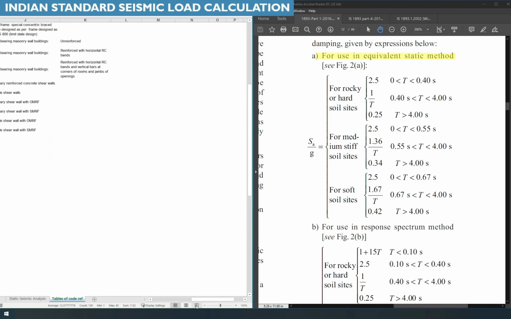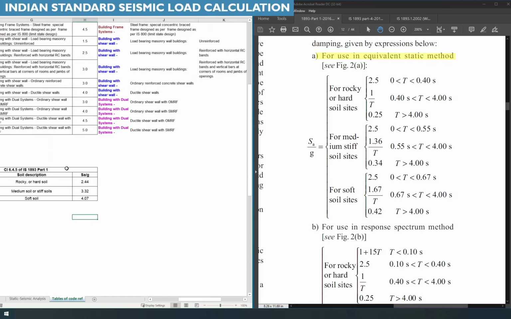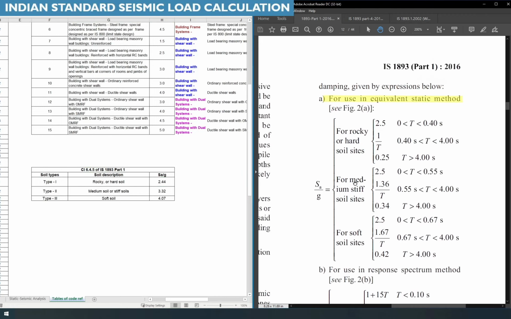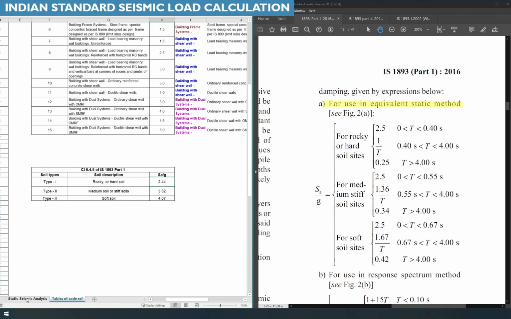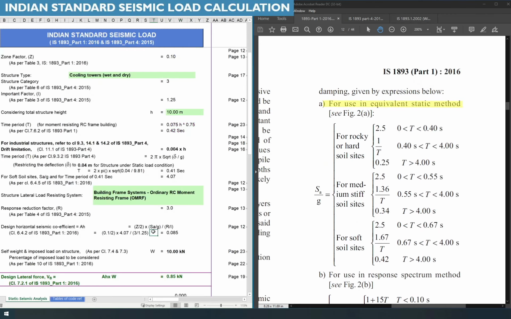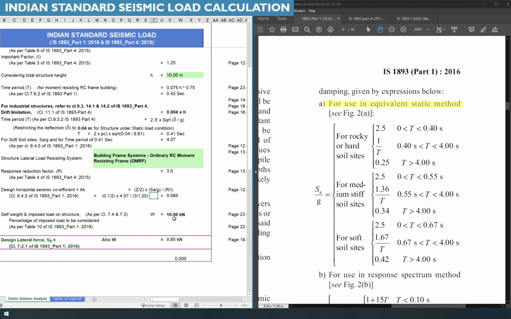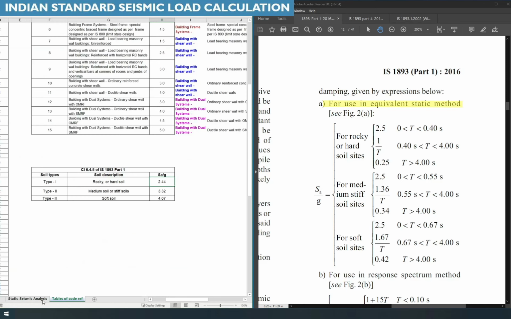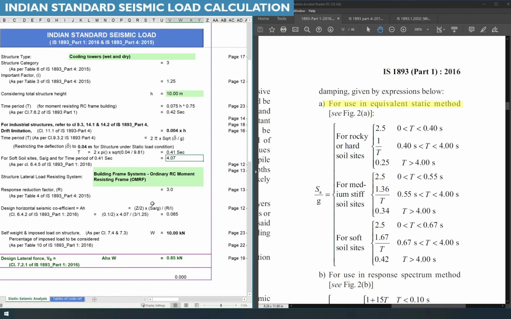You can see here in the table, the Sa/g value is calculated separately according to the soil type, based upon the formula provided in IS 1893 Part 1. Similarly, this value can come from the extracted table of code reference. So I am getting the Sa/g value as 4.07.